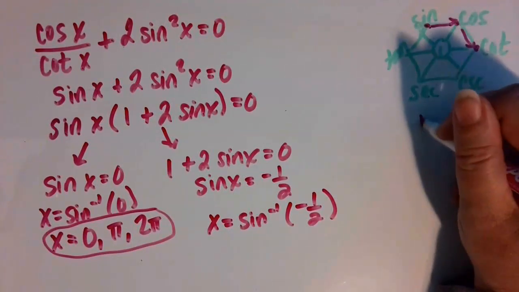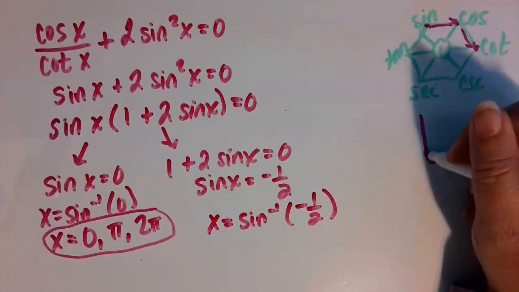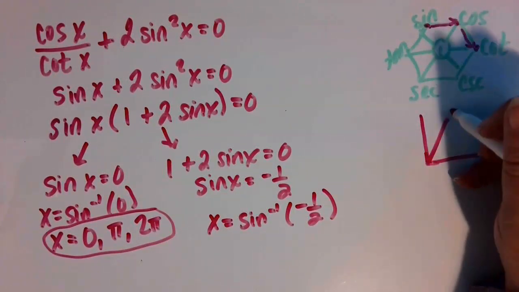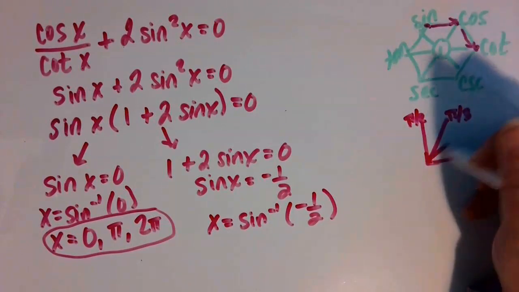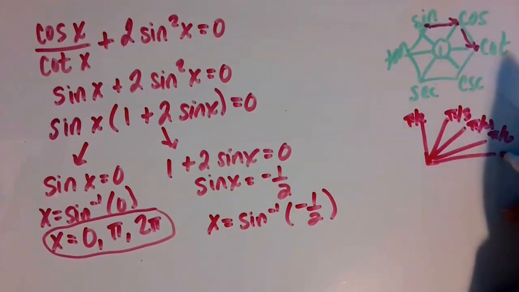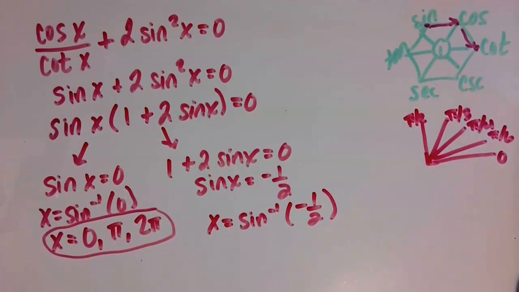And in the first quadrant of the circle, we have pi over 2, pi over 3, pi over 4, pi over 6, and 0. That's quadrant 1.